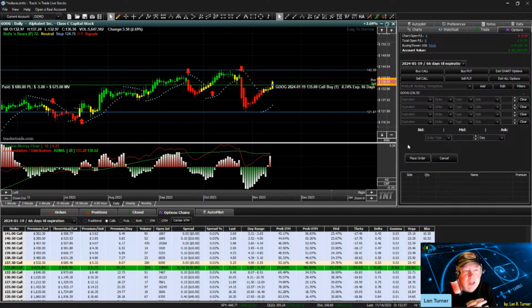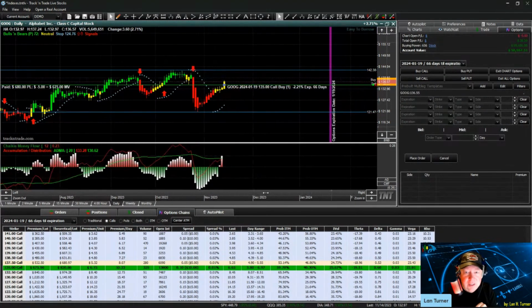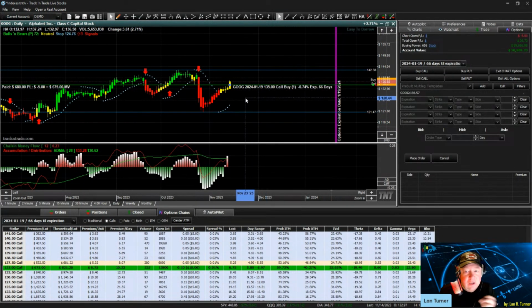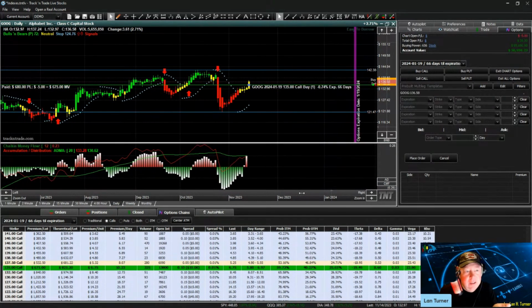We just bought a call option on Google to go long that expires in 66 days. That purple line is our expiration date. So we have to either exercise our right by that day, or we have to get out of the option by that day. Now what we do is we just wait, and if the market continues to rise, we'll watch our premium, which is currently sitting at $680. It will continue to rise.